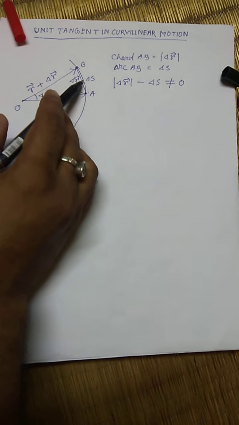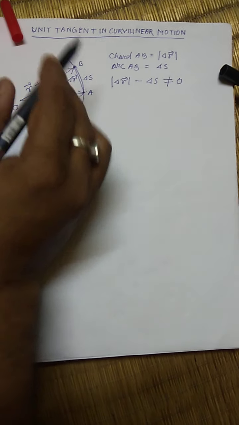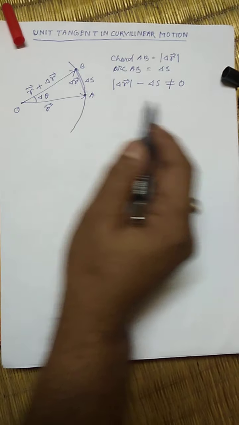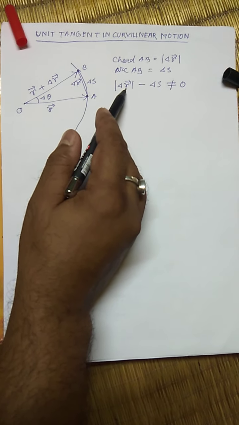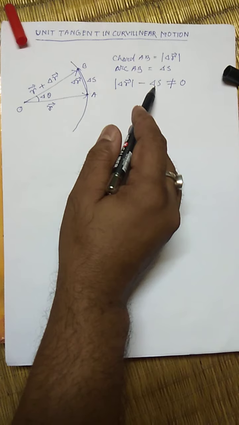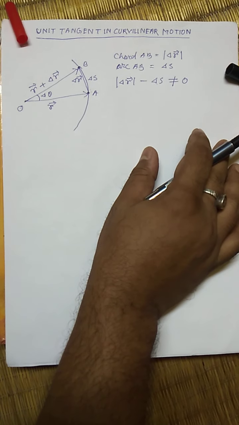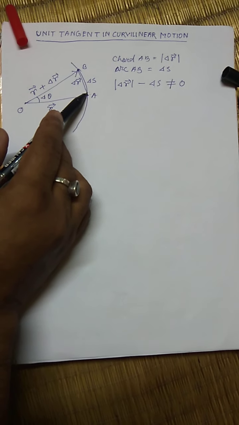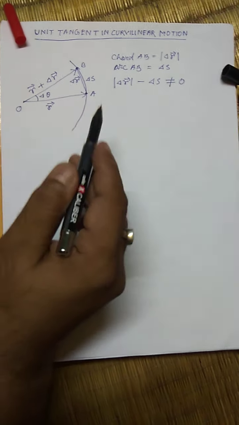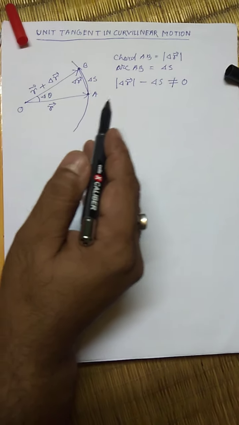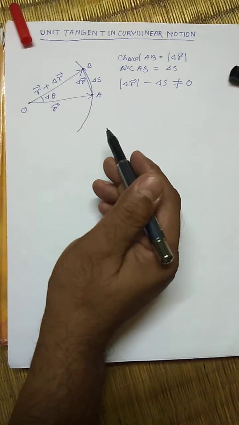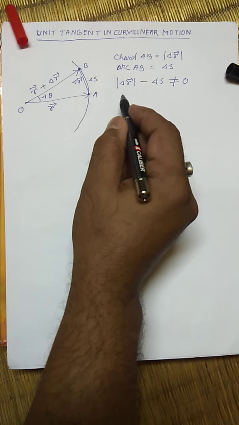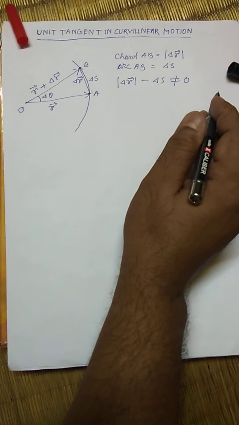If point B were closer to point A than it is, then the difference between the magnitude of delta vector r and delta s would decrease. If B were so close to A that point A and point B could not be distinguished from each other, then delta s would tend to 0.